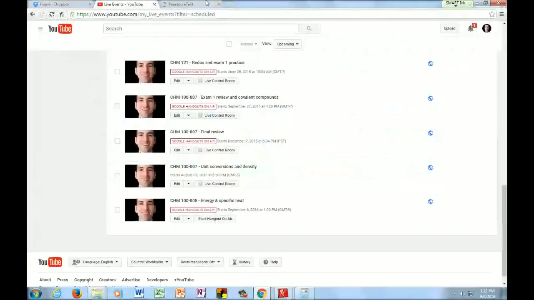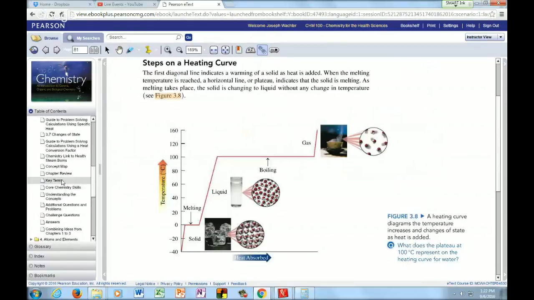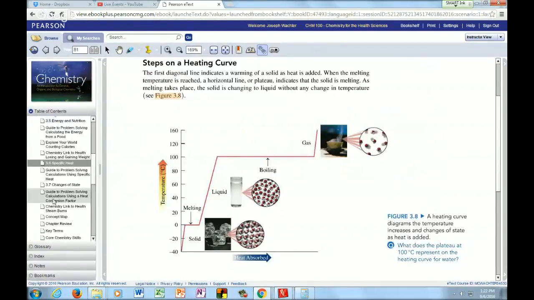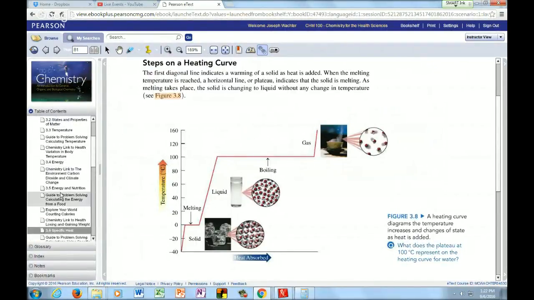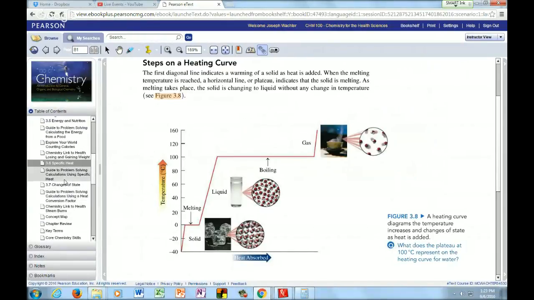So let me show you a table of that in the book here.